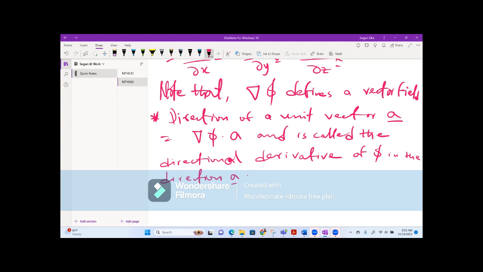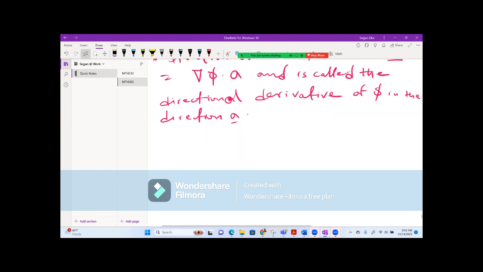So let's look at the divergence. How do we represent divergence? Number 2, the divergence.